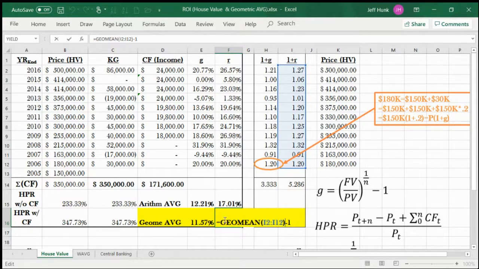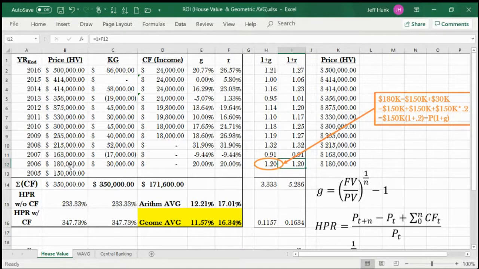right? And if it ends here, it's the gross growth rate, gross return. What does that mean? Think about it, between 2005 and 2006, the growth portion only is 30K, which is only 20%, right?